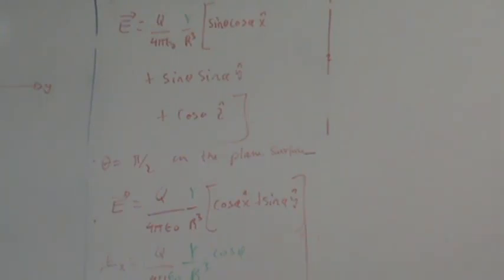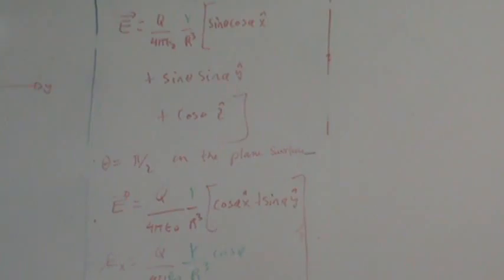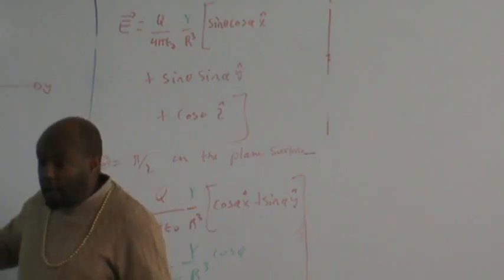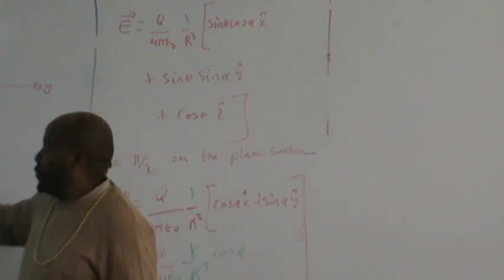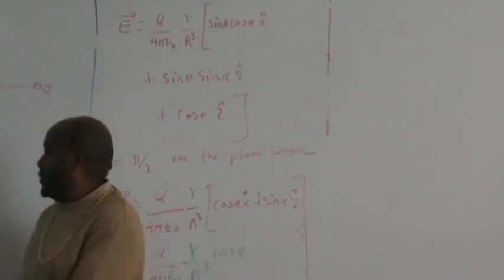Okay, first, just for the information on the area vector, dA, I should have put a minus sign, because the normal is always pointing outward and it's pointing in the negative z direction.